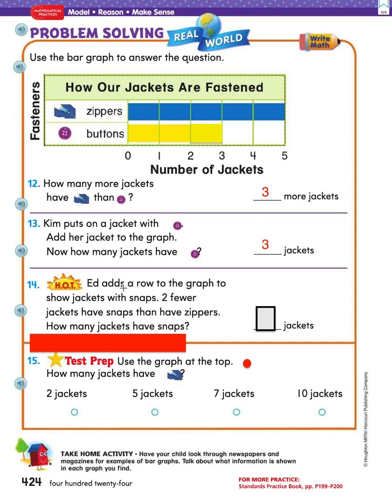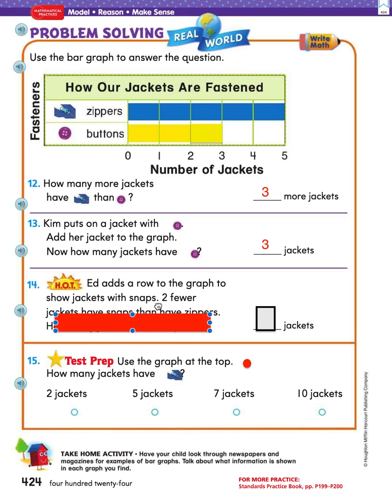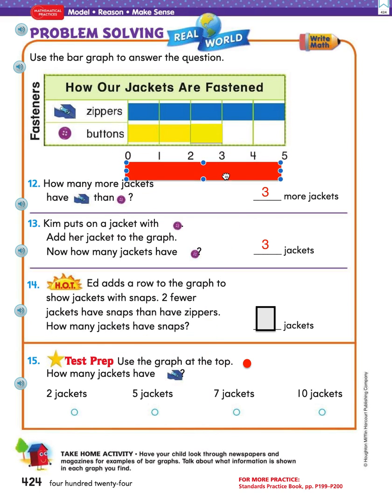14. Ed adds a row to the graph to show jackets with snaps. 2 fewer jackets have snaps than zippers. How many jackets have snaps? Okay, so I have a bar right here. This one we're going to do all together. So if I were to add this, I'm going to add it under the numbers right here.